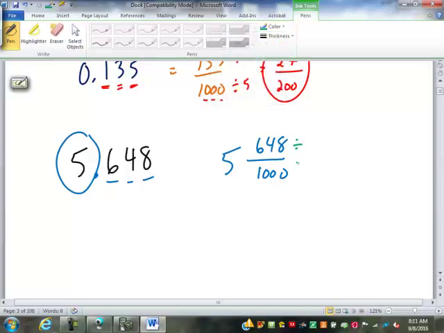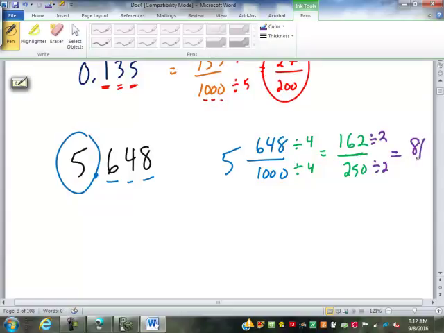Now, of course, this can be reduced. Those can both be divided by, let's try 4. What's that give us? 162, right? Over 250. Are we done? No, both of those can still be divided by 2.